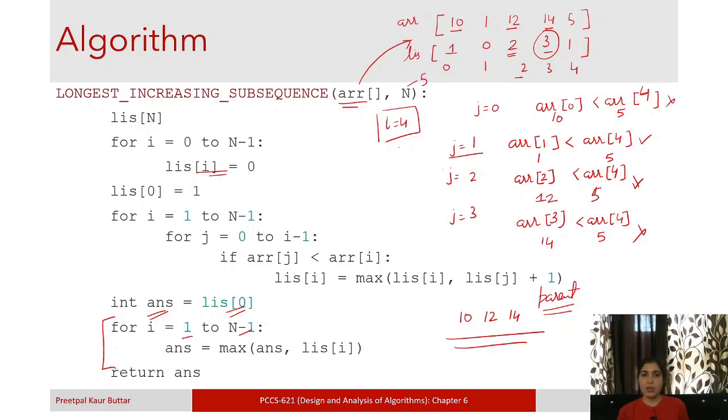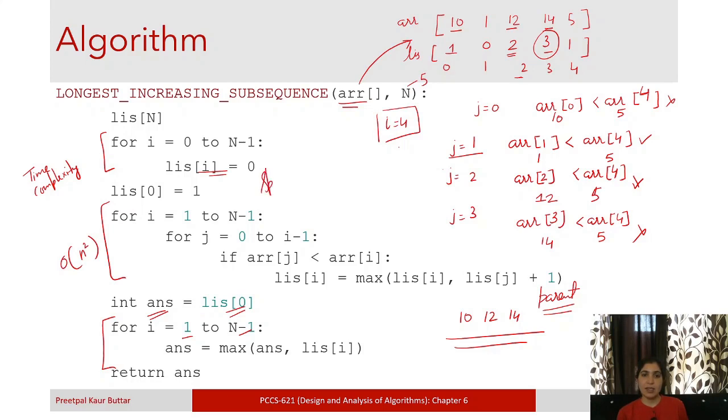Okay, so now finally let us look at the complexity of this algorithm. If you look at the time complexity, this is a single for loop, but this is a nested for loop which is running n square number of times. So the complexity will be order of n square, the time complexity.